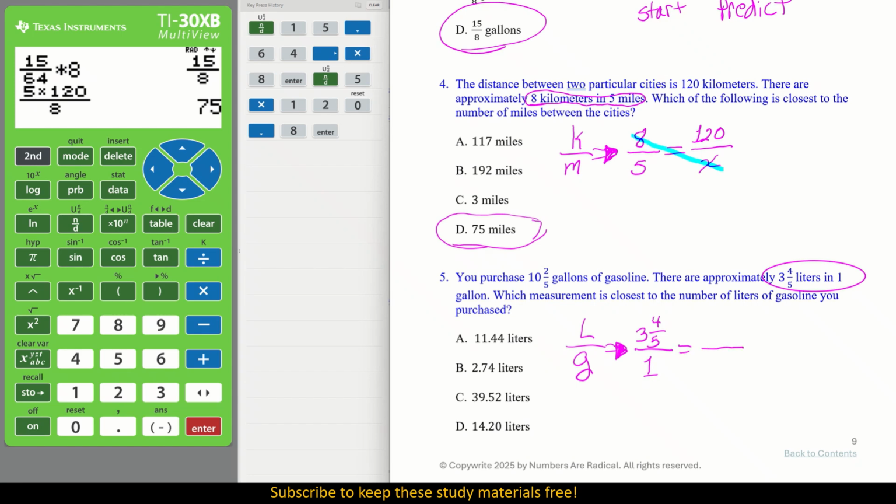But what did you purchase? You purchased the 10 and 2/5, all right? And we need to know how many liters that is, okay? It says to the closest number of liters of gasoline, okay?